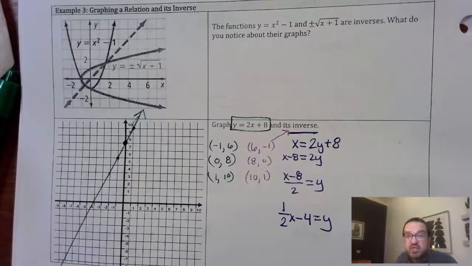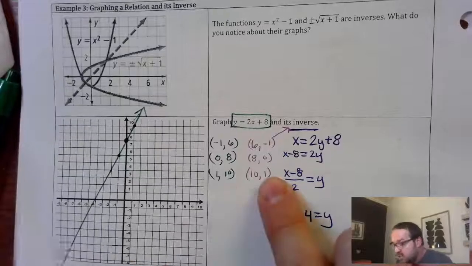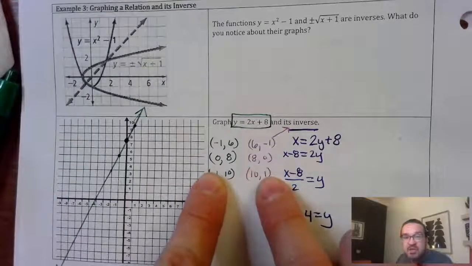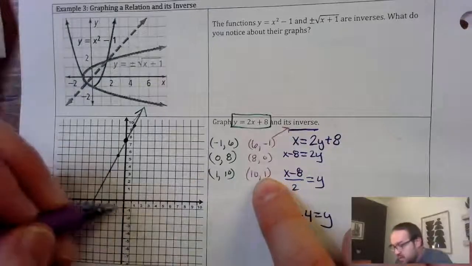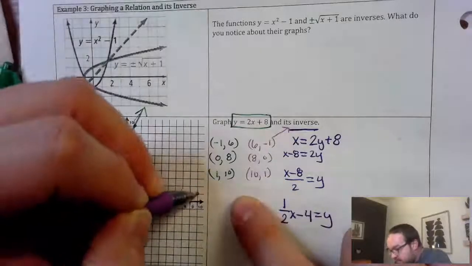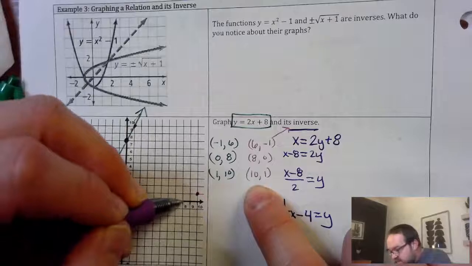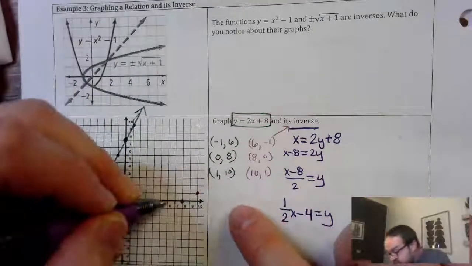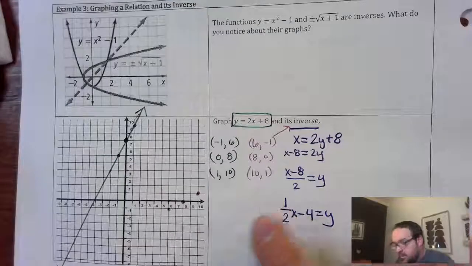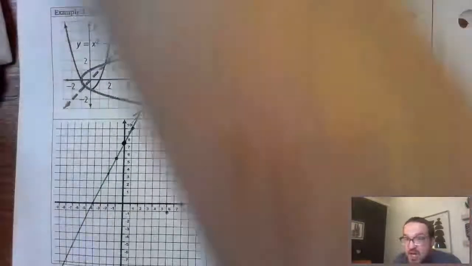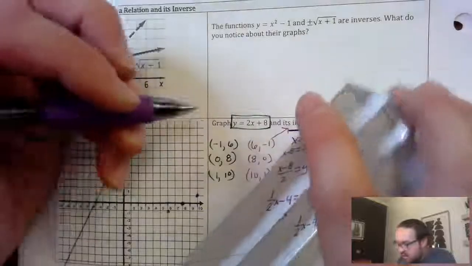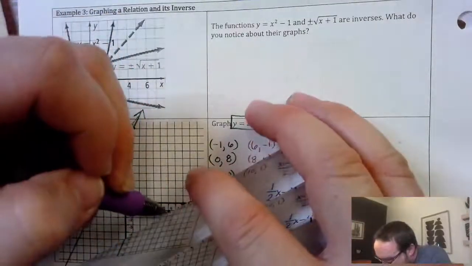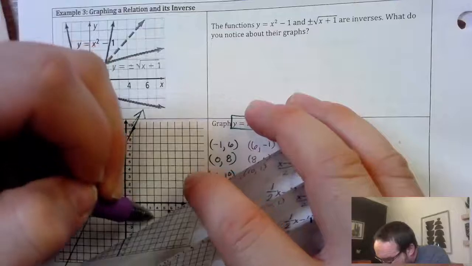So what I could do is, after I graph the line, get the points and actually just switch them, right? 10, 1, boop, 8, 0, boop, 6, -1, right? All right, so we got this here. Let's see. It looks like I'm going left 2 and down 1 here.